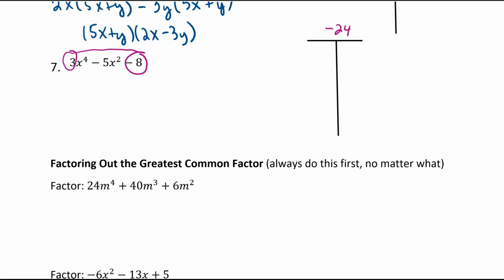Factors of 24 are 1 and 24, 2 and 12, 3 and 8, or 6. What will work so that, and let me just say that you don't have to write all the factors out once you realize that you have landed on the correct pair.